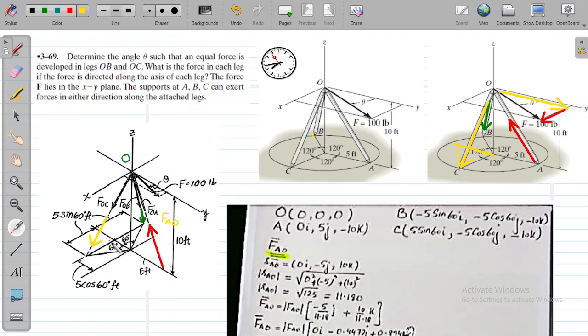So the x component will be 5 sin 60i. What will be the component parallel to the y-axis? It is this one, the common component: 5 cos 60 j. But since this is the origin, this is positive y, and we are going in the negative direction of y, so we put minus 5 cos 60 j minus 10k.